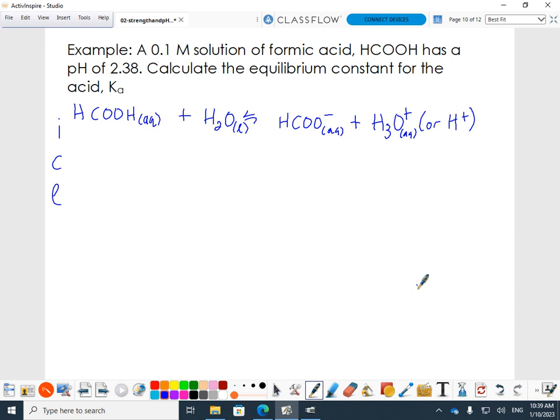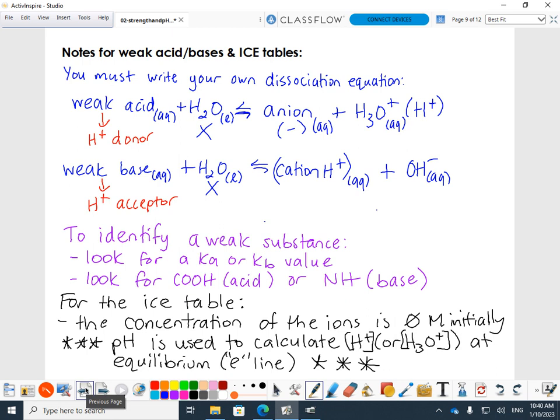Okay, so not unlike the solubility problems, once you had the equation, then the ice table itself was pretty straightforward. Do I have a concentration of HCOOH? Yes, it's 0.1. I don't include the water, so I get to cross it out. We said the ion concentration is going to be 0.